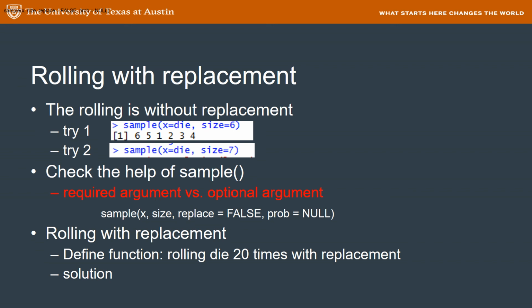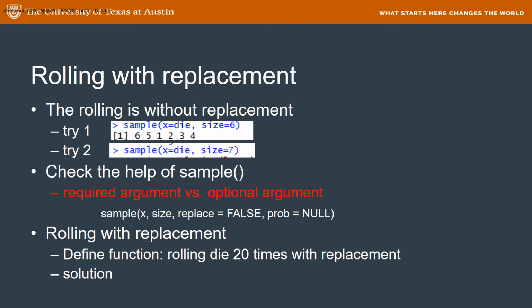So if you don't assign any replace or prob, they are always assigned FALSE and NULL. So how do we change this to rolling with replacement? Well, we have to set replace equal to TRUE, right?